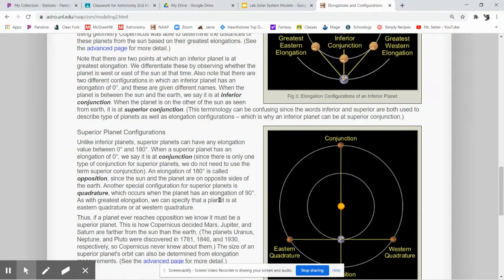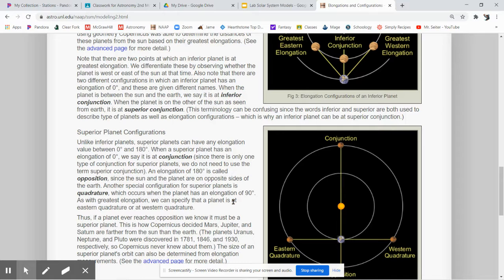All right, superior planets. Unlike inferior planets, superior planets can have any elongation value between 0 and 180 degrees. When a superior planet has an elongation of 0 degrees, we say it is at conjunction. Since there is only one type of conjunction for superior planets, we do not need to use the term superior conjunction.